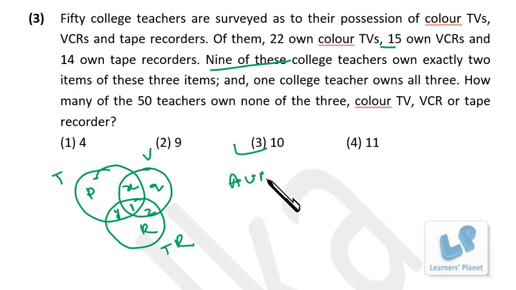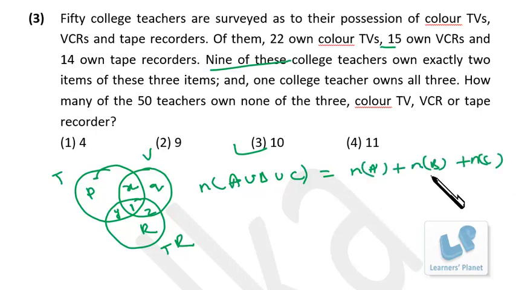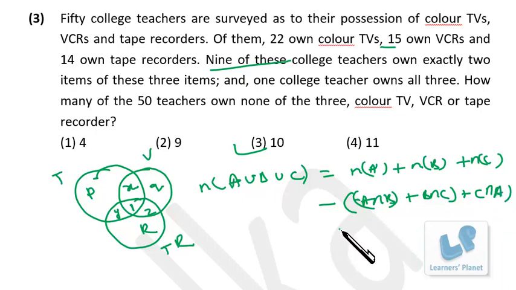So the number of elements in A union B union C is equal to the number of elements in A plus the number of elements in B plus the number of elements in C minus the number of elements in A intersection B, B intersection C, and C intersection A.